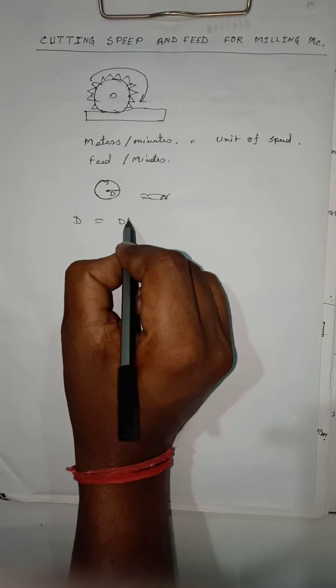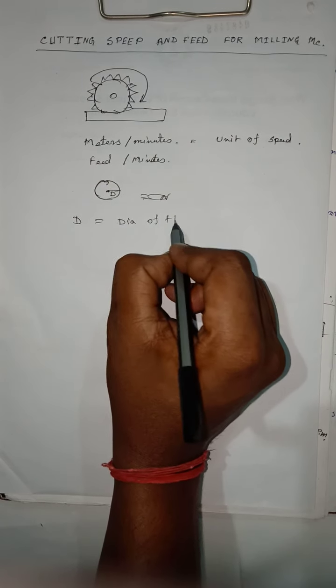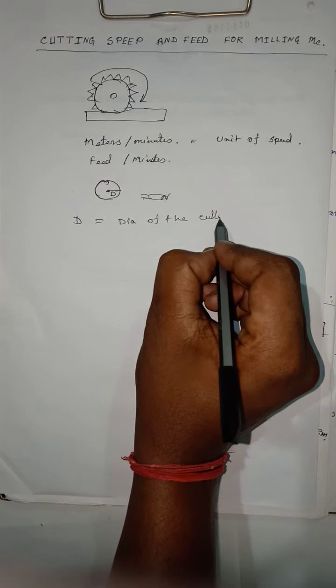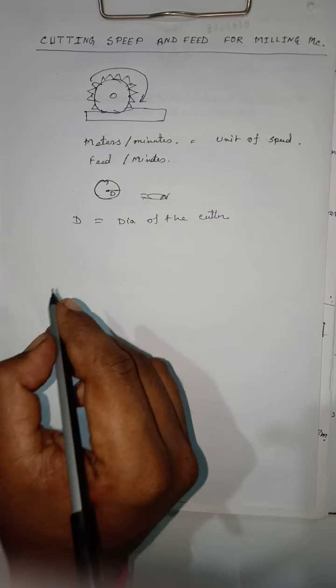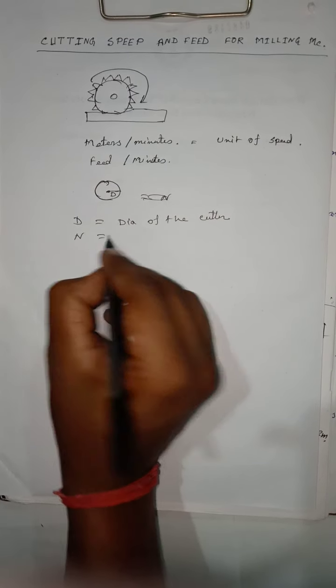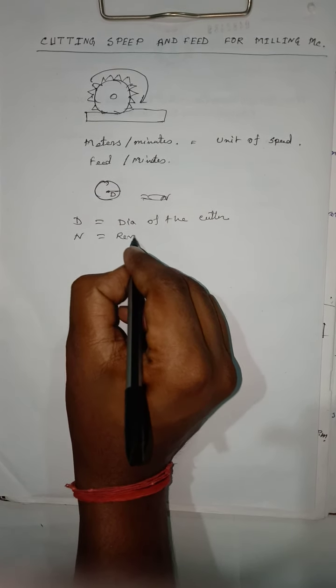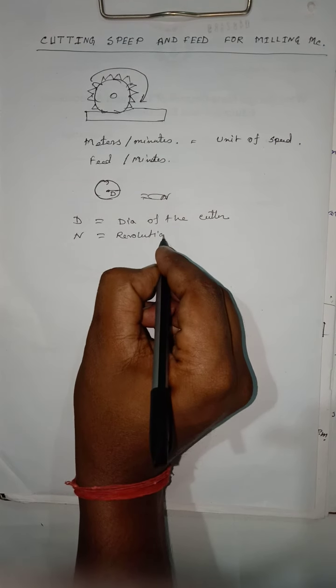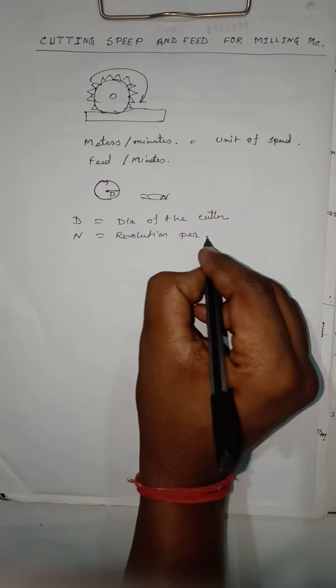D is the diameter of the cutter and N is revolutions per minute.